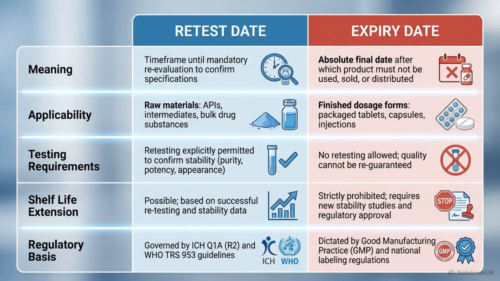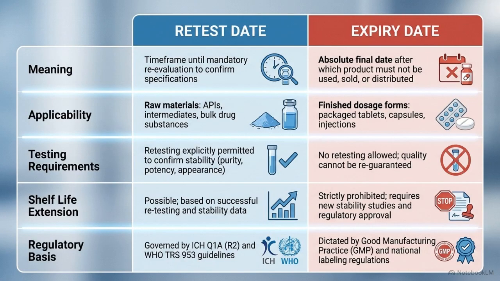Looking at testing requirements, retesting is explicitly permitted to prove stability for raw materials, but strictly forbidden for finished products. This impacts shelf life extension. Extending a retest period is a standard operational possibility, but extending an expiry is strictly prohibited without new filings. Finally, the regulatory basis. One is guided by ICH Q1A data, while the other is dictated by GMP and labeling laws.